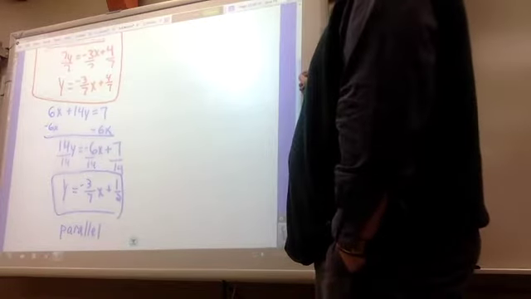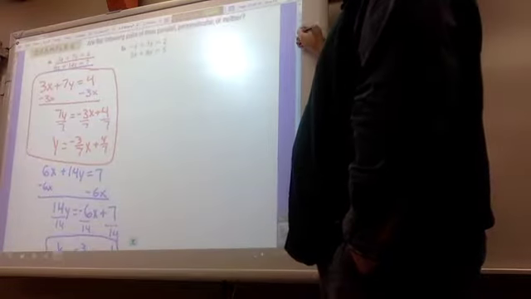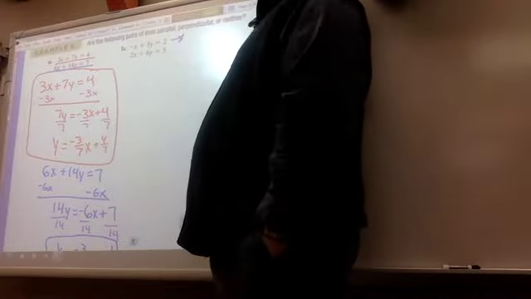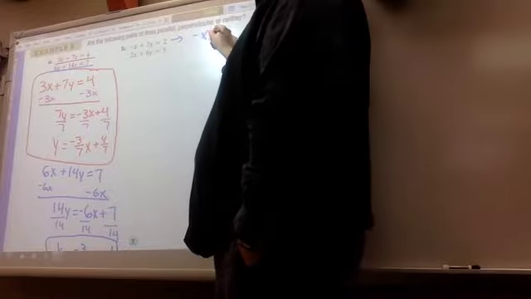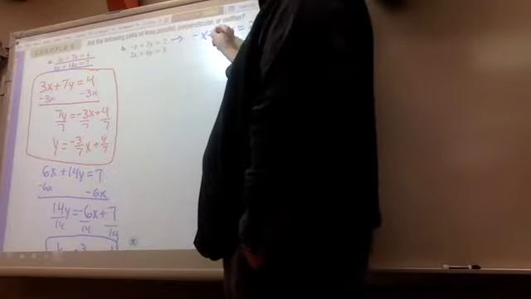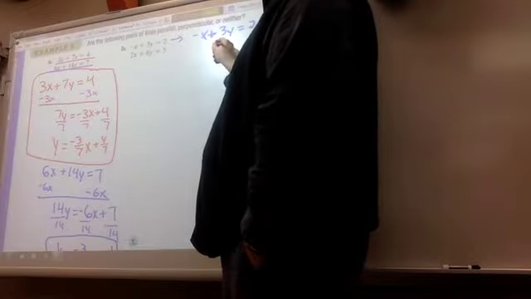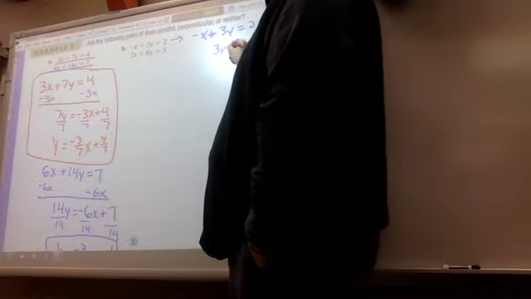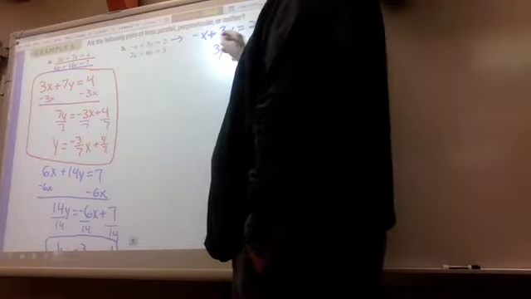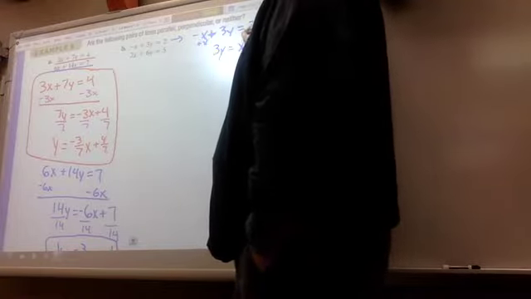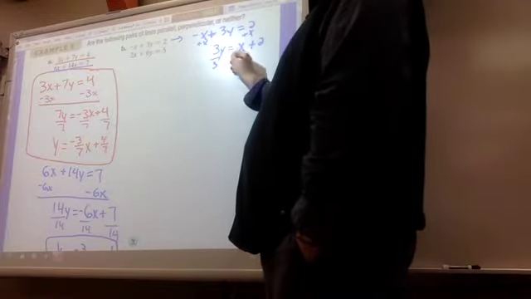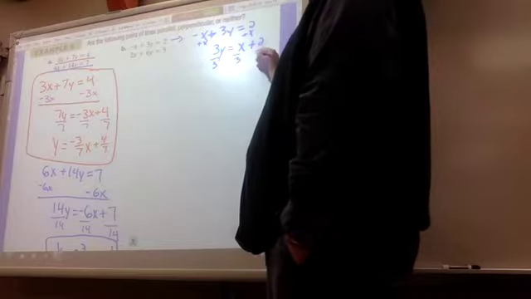All right, let's look at the B one together over here. If I move that one over, x plus 3y is equal to 2. I'd subtract the x over. You get negative x plus 2. Divide by 3.